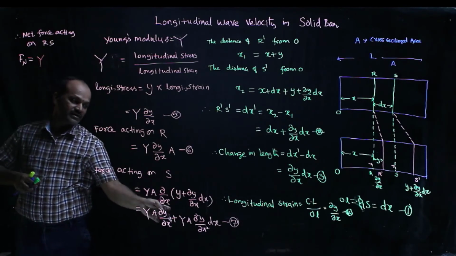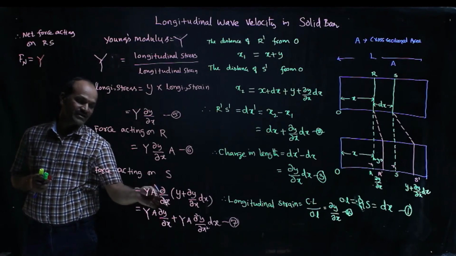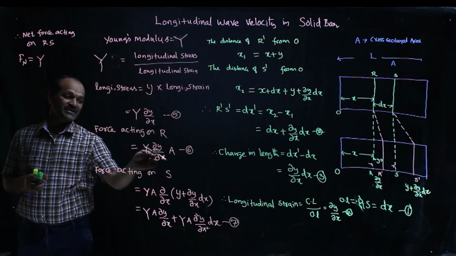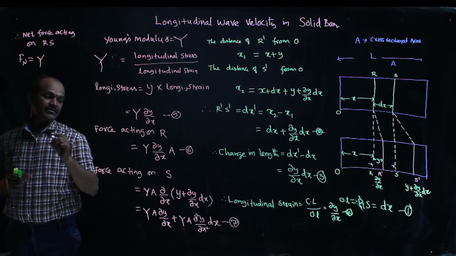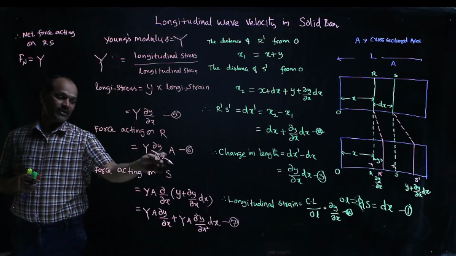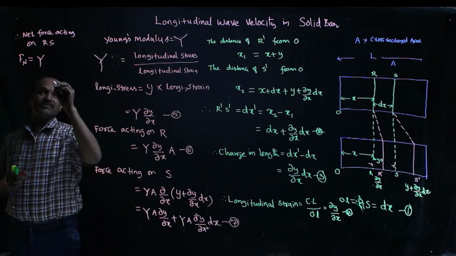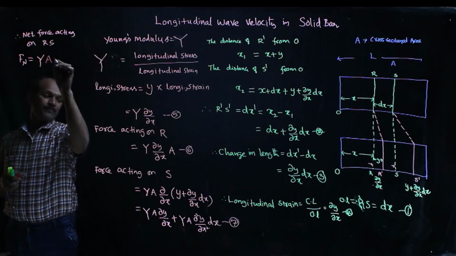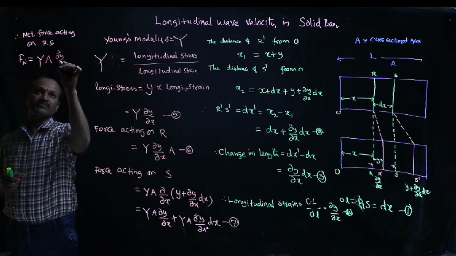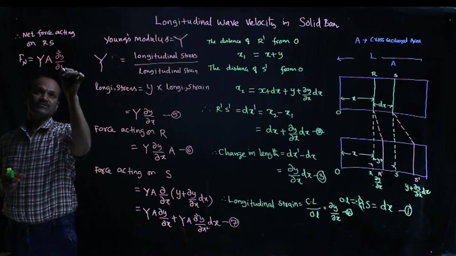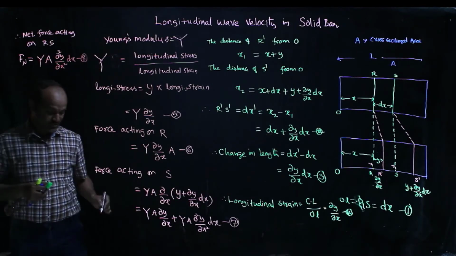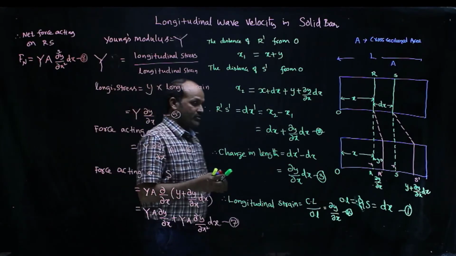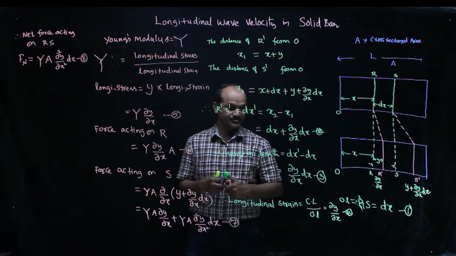See here what we did: equation 7, that is force acting on S minus force acting on R, that we are taking. YA ∂y/∂x will cancel each other, remaining is Y into A ∂²y/∂x² into dx. This is the net force acting on the RS element.